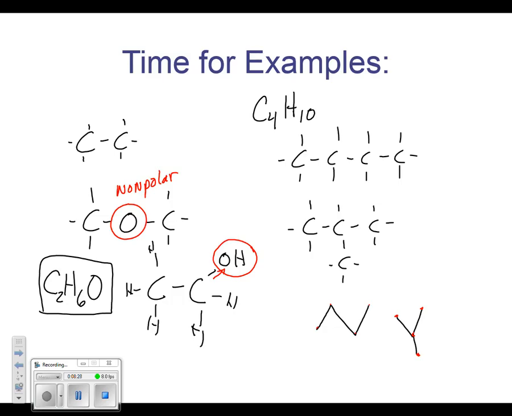So this side becomes slightly negative and this side becomes slightly positive. So that is a polar molecule. Where with the oxygen in the middle, it's pulling both ways, and so there's no positive side, negative side because it's in the center. Okay?